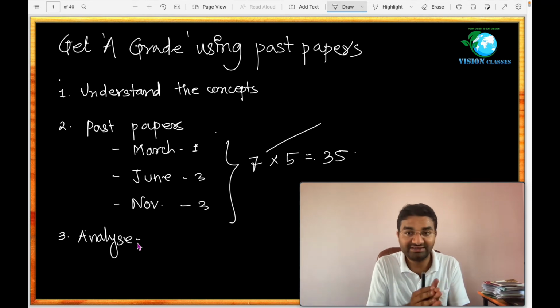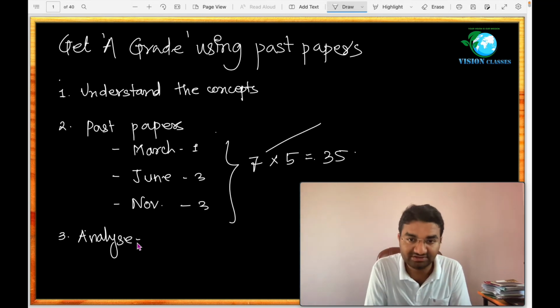Then, for example in physics, you have the electromagnetic chapter, right? From that chapter you will get a few specific questions. Like that, you have to have a better understanding of each and every part.